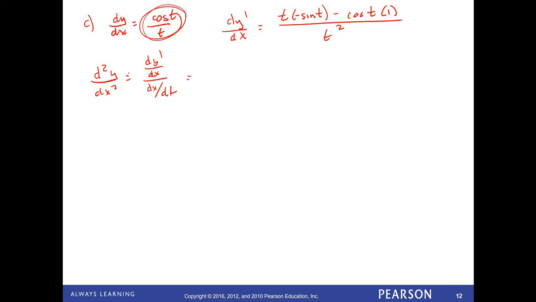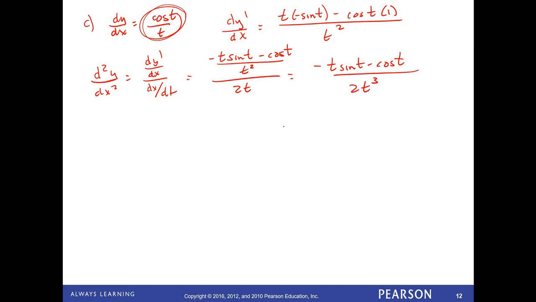So the numerator of my second derivative is the derivative of my dy/dx. This will be, I'm going to clean it up a little bit, negative t sine t minus cos t over t squared. The denominator is just dx/dt. I found from before that dx/dt was 2t. So again, cleaning all of this up, that is my second derivative of the parametric.